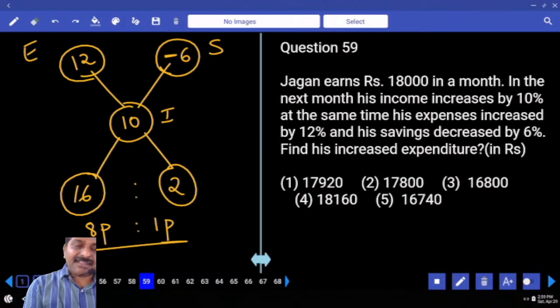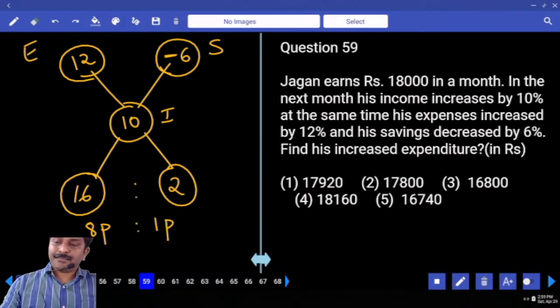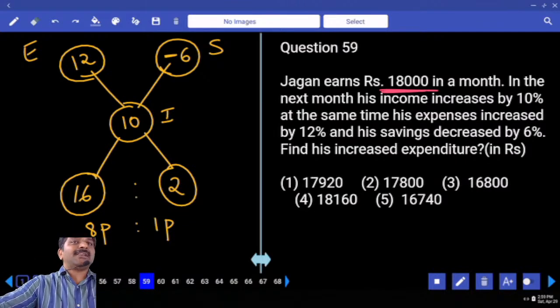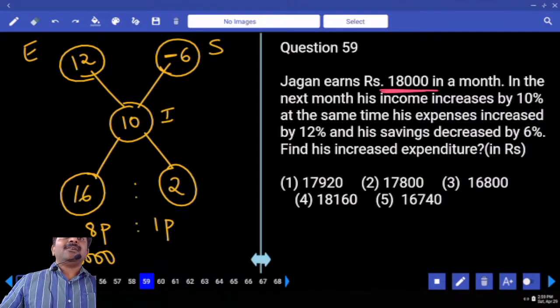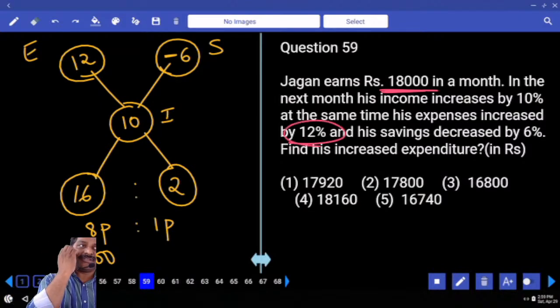Total how many parts were there? 9. If 18,000 is divided into 9 parts, each part is 2,000, so expenditure is 8 parts, 16,000. And the question is about expenditure only. Were you asked to calculate original expenditure or increased expenditure? Expenditure increased by what percentage? 12%.